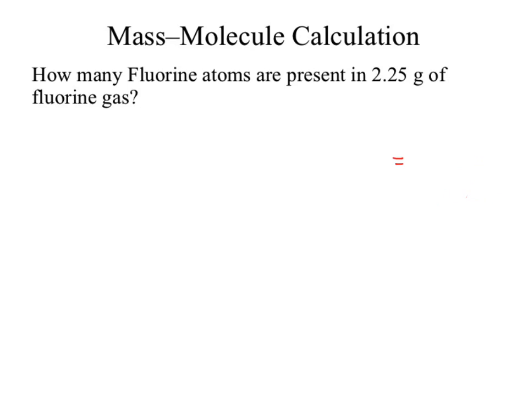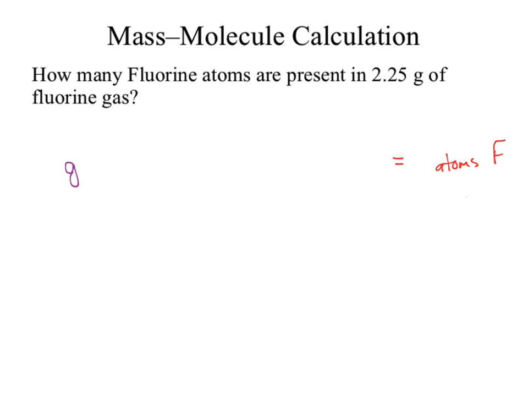So what do we need to be looking at? Atoms of, well, an atom of fluorine by definition is now F. Okay? In and of itself, that's not an inherently big issue until we read the rest of the question. What are we given? 2.25 grams of fluorine gas.